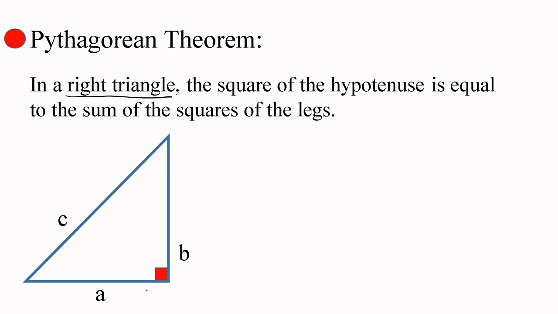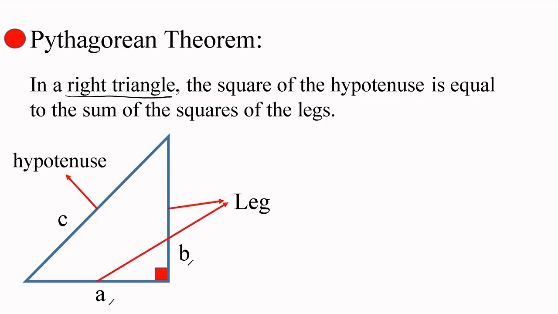In a right triangle, the sides that are perpendicular to each other, the sides that form a 90-degree angle, in this example A and B, right? Because they are perpendicular to each other, they form a 90-degree angle, they are gonna be called legs, and the side which is in front of, opposite of the 90-degree angle is gonna be called hypotenuse.